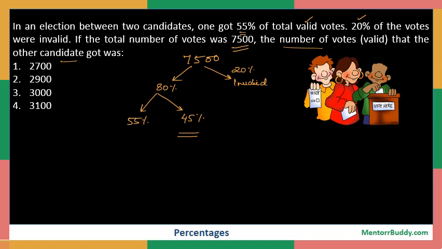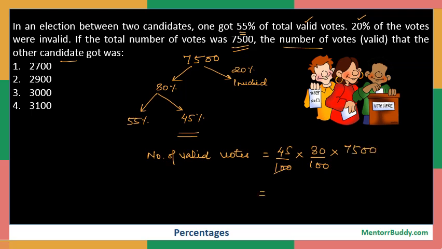So if we try to figure out the number of valid votes for the other candidate, I can write it as number of valid votes is equal to 45% of 80%, because there were only 80% valid votes of the total votes polled.